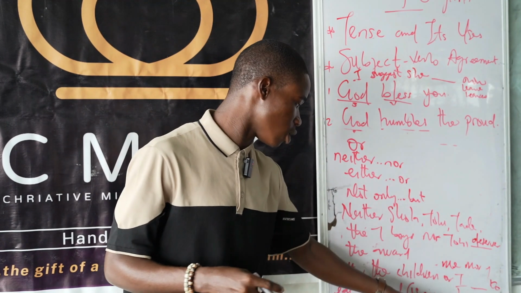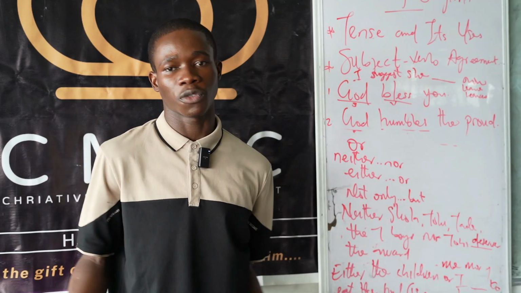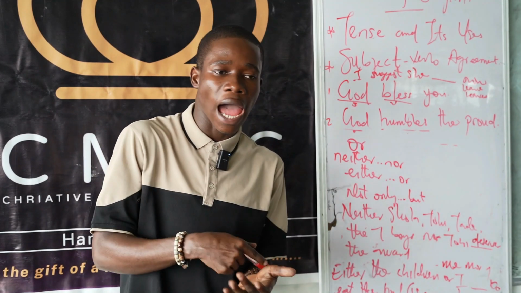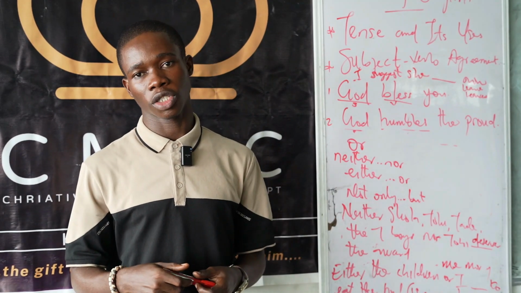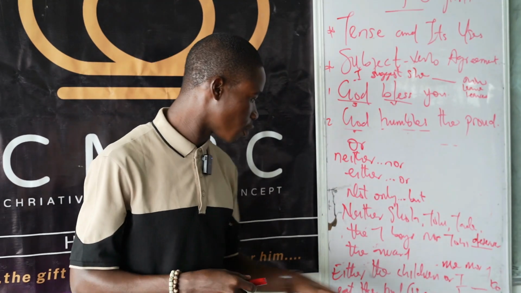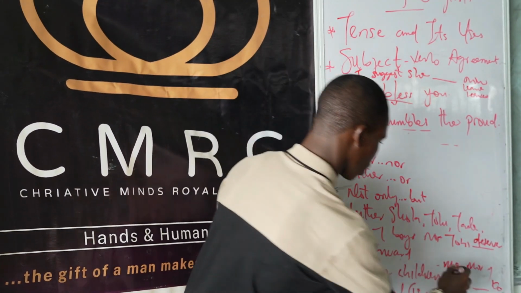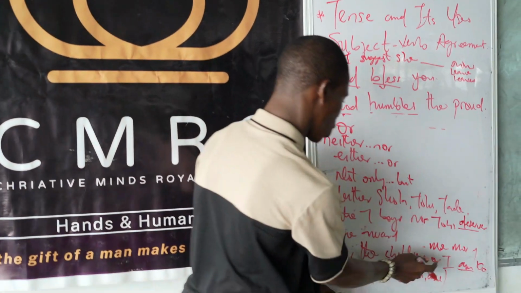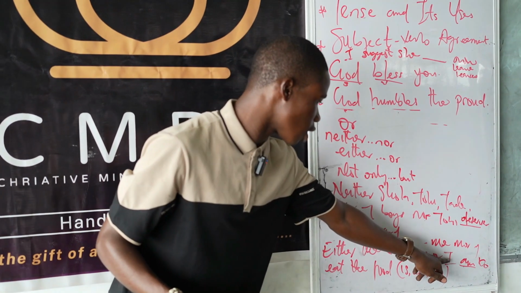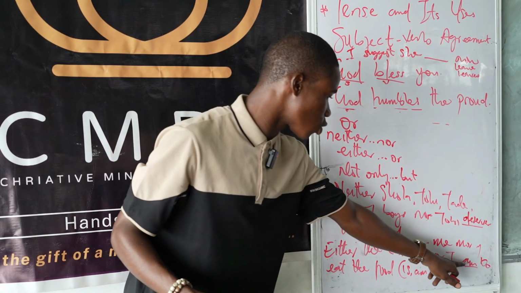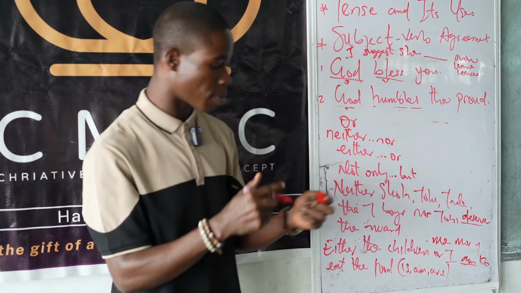But because it is I, you say I am to eat the food. So that is that about that. We have used the subject item closest to the verb to determine our verb here.